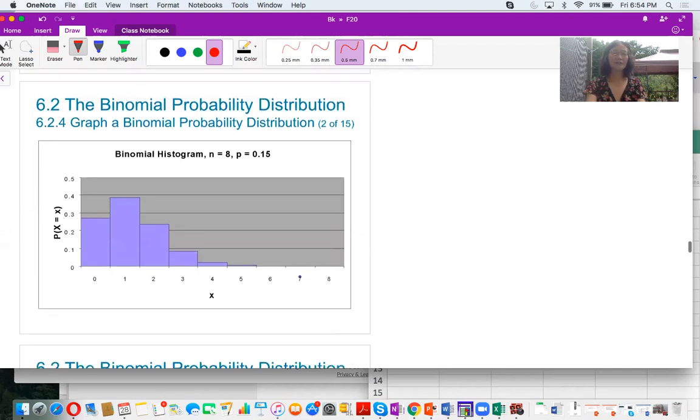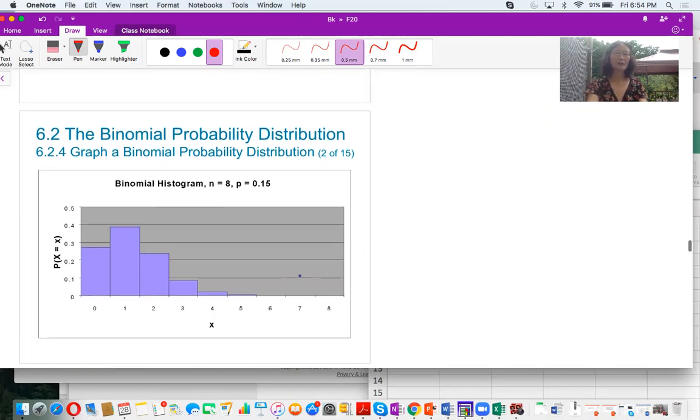So let's see the first one. When n equal to 8, p equal to 0.15, what you need to do is calculate this one here.